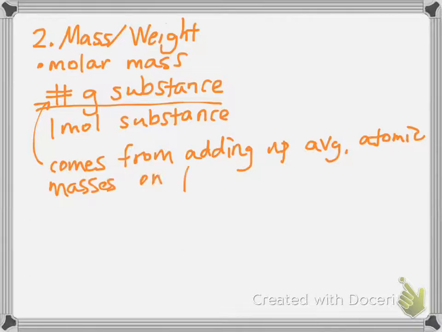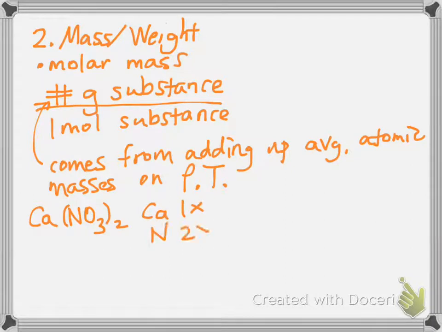on the periodic table. If we talk about calcium nitrate, remember we have 1 calcium, 2 nitrogens, and 6 oxygens. Calcium on our periodic table is 40.078. Nitrogen is 14.007.